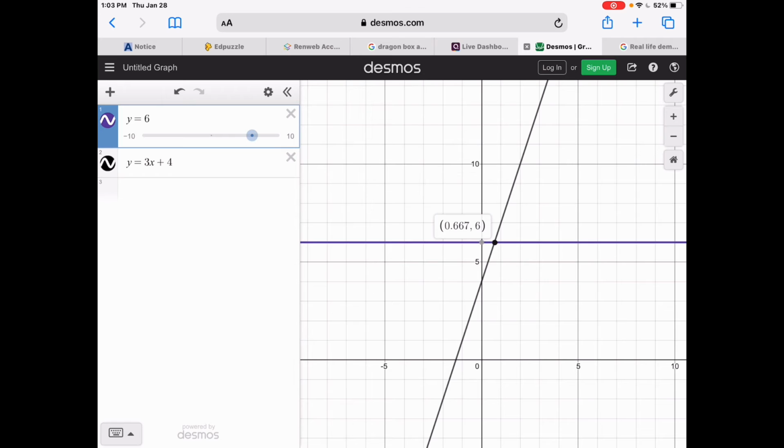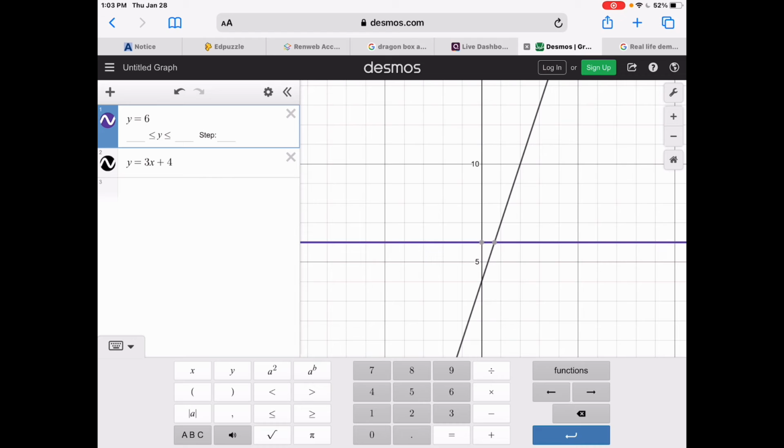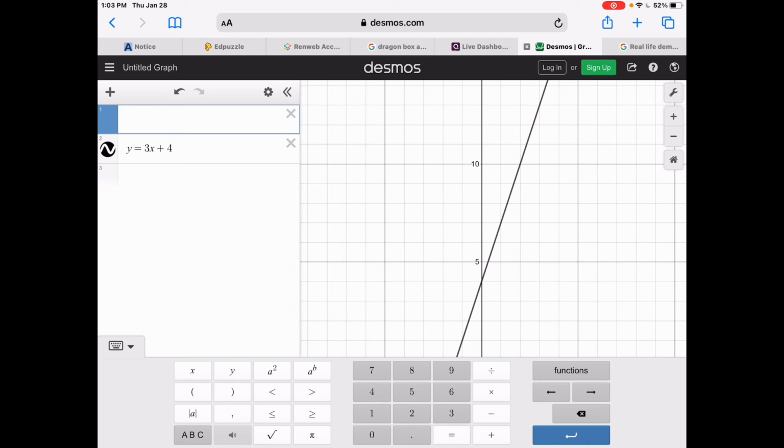So Desmos here, I put a link to this in Google Classroom, is a real handy graphing calculator, because you actually don't even have to rearrange the equations like you would in a TI calculator or other type calculator. I can show you that here.